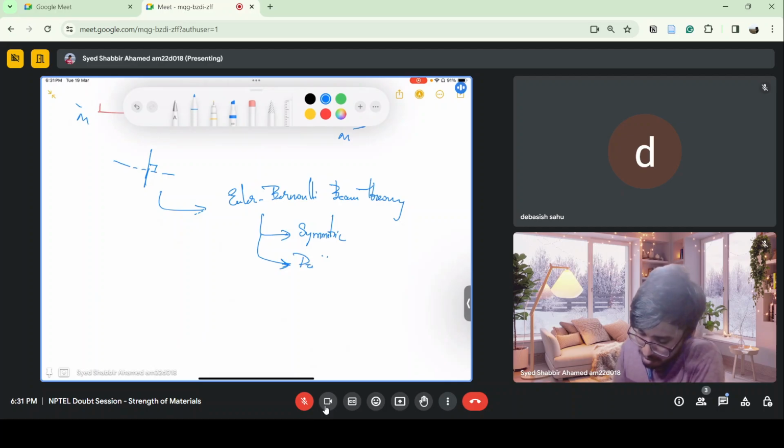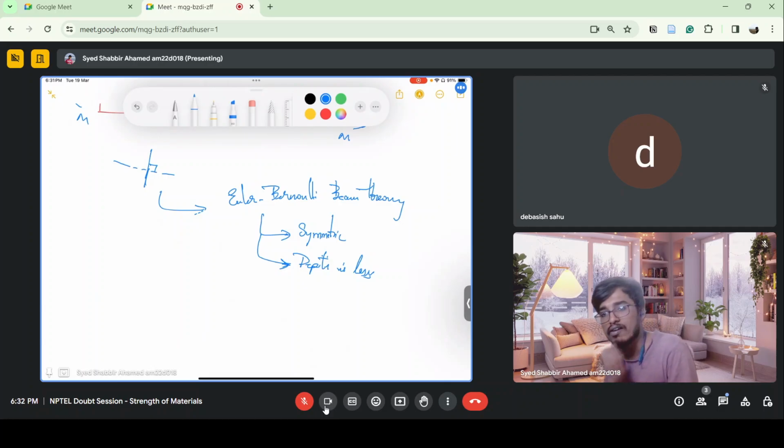So that depends on whether the depth is less or more, comparably along with length.